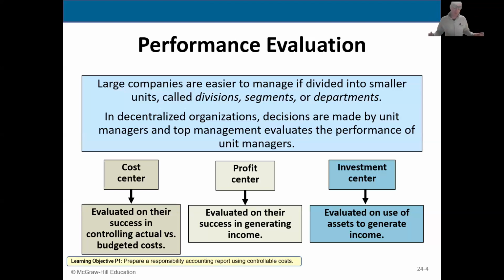In a large company, we tend to divide the company up into units or divisions or segments or departments in order to understand at the unit level the overall performance of that unit, to understand the detail when it comes to things like profitability.